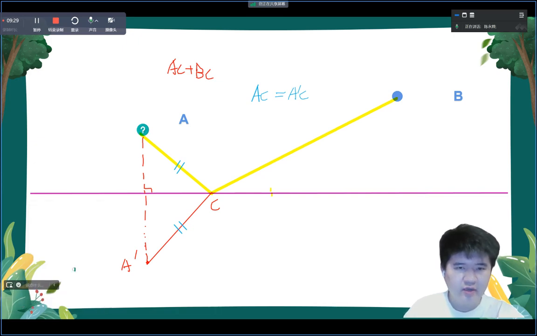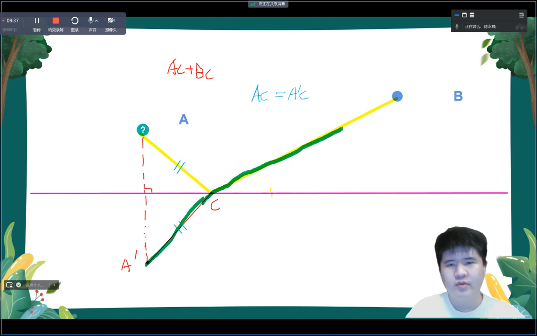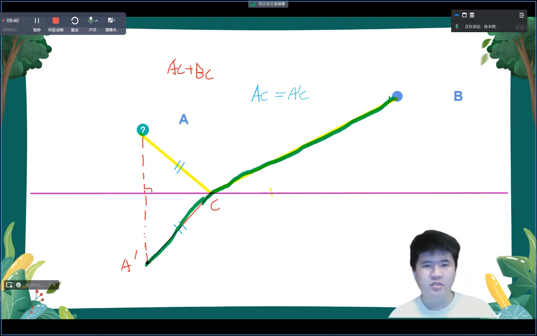We go from A prime to C and from C to B here. How can we make it the shortest? We just need to make sure A prime, C, and B are on the same line, so that it will become the shortest path.